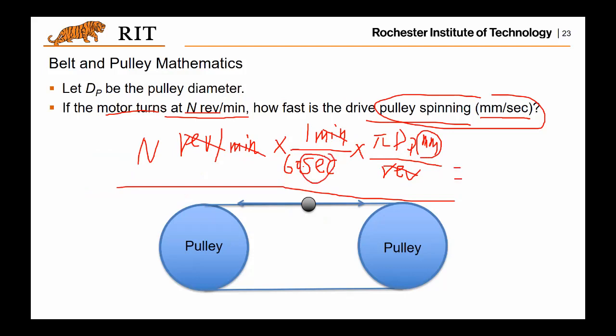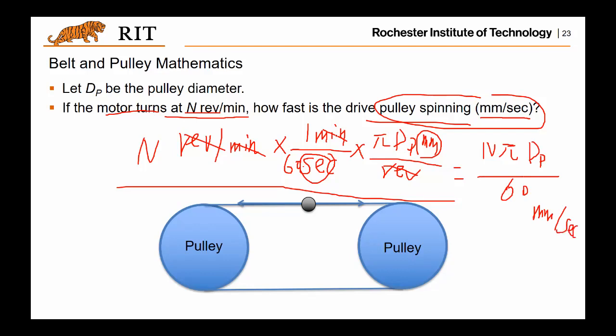And that is n pi dp over 60 millimeter per second.